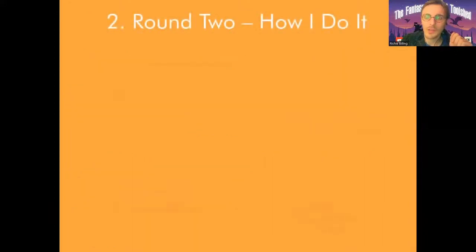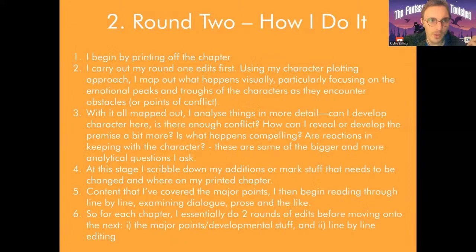Before we move on from these first two rounds, which is, let's just say, the bulk of your editing, I just wanted to tell you what my process is, because I think it always helps to have an example. First of all, I begin by printing off the chapter, because there's something about a printed page that just makes things easier.